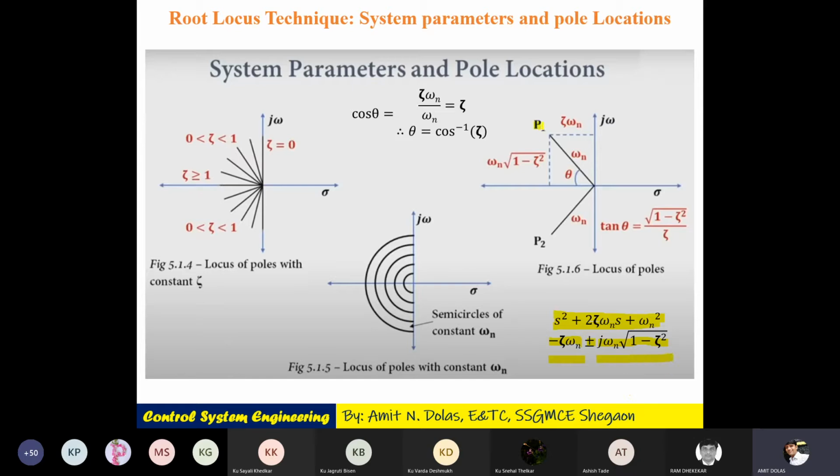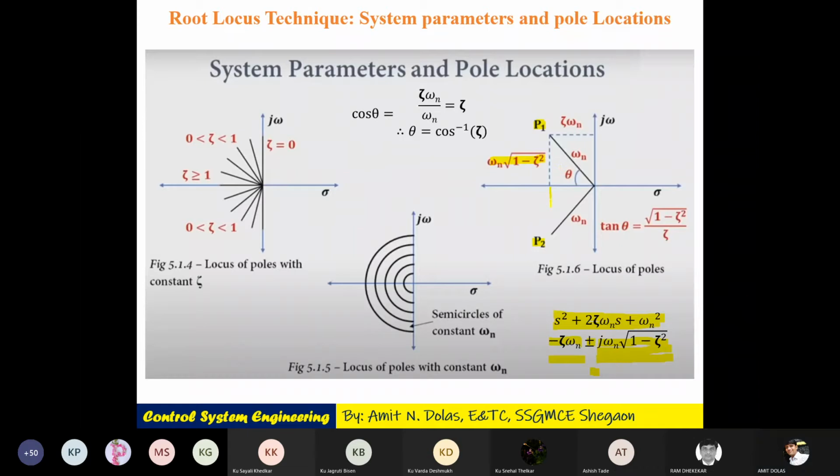Now this P1 is the point showing the positive imaginary part, that will be plus j omega n under root 1 minus zeta square. And exactly the opposite replica, P2, will be minus j omega n under root 1 minus zeta square.